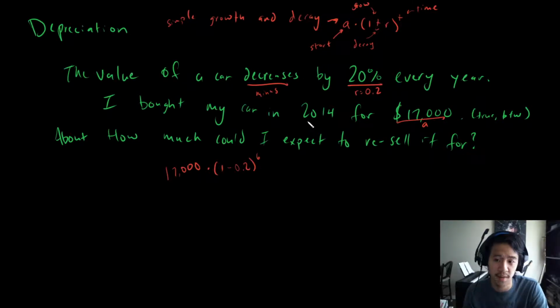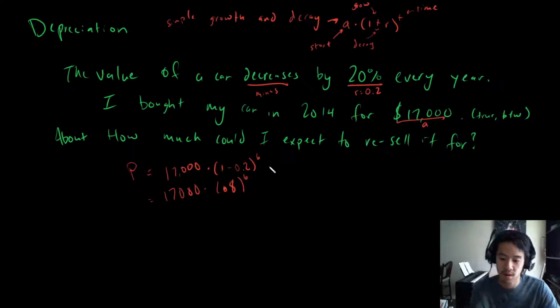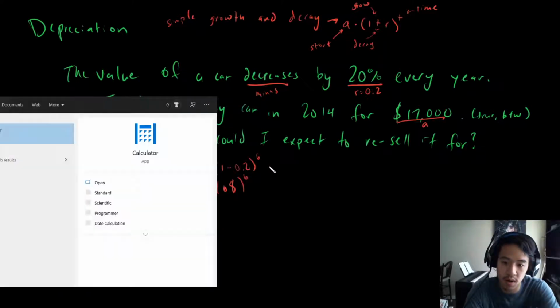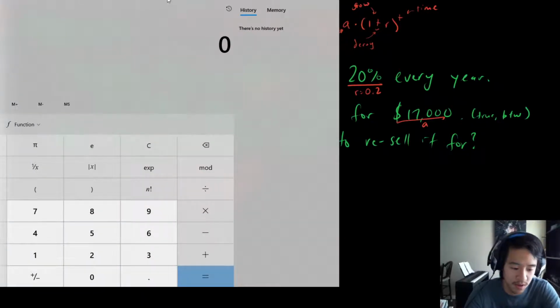And if I bought my car in 2014, that's 6 years ago. So let's go ahead and calculate the value of this. So we have 17,000 times 0.8 to the 6th power. Now, I have no clue what 0.8 raised to the 6th power is. So let's go ahead and put it in the calculator.